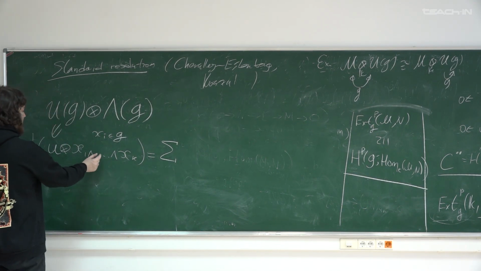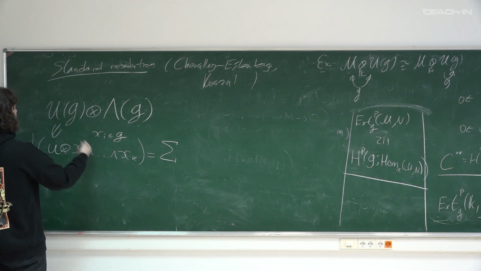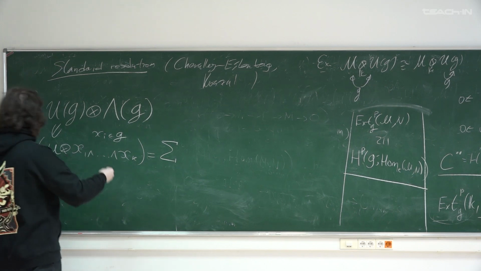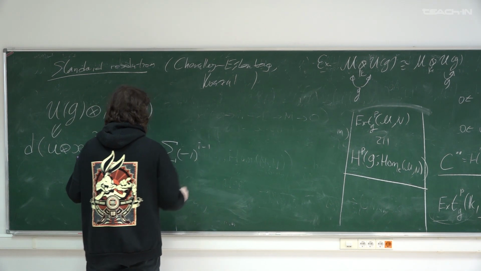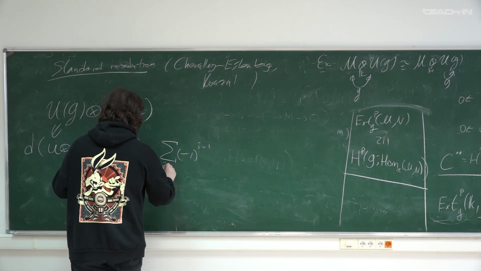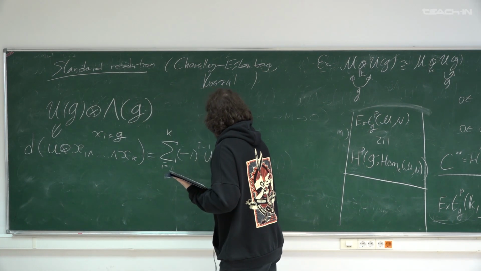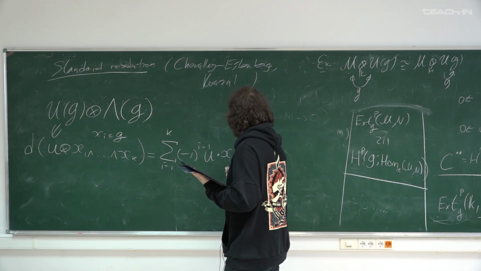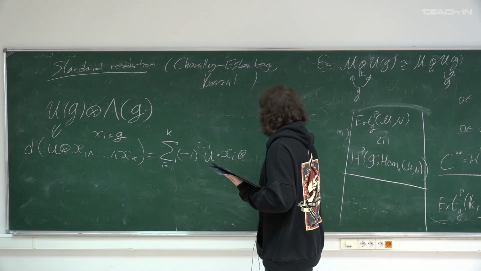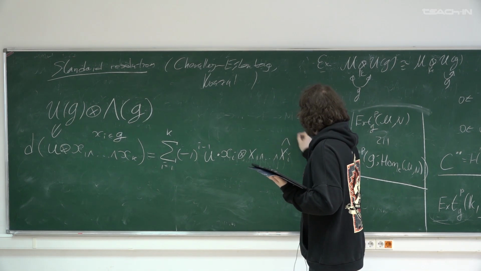It means that for each factor xi, considered as an element of the universal enveloping algebra, I multiply u by it, with the Koszul sign from the number of transpositions, and tensor with the exterior product without this factor.